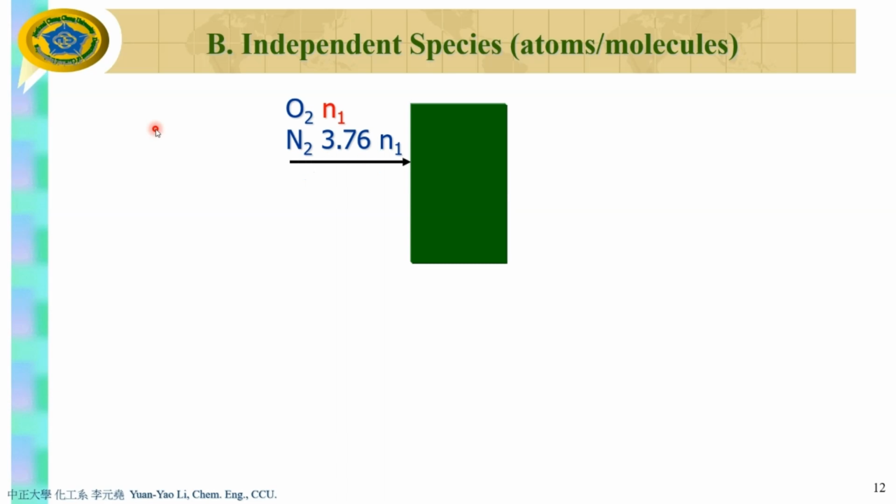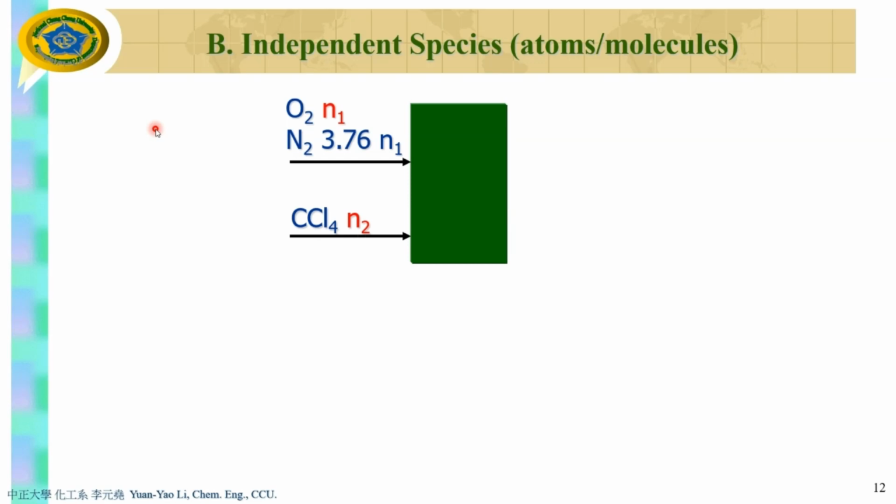If I introduce air into this reactor, the oxygen is marked as N1, which is unknown. The amount of nitrogen will always be 3.76 N1 because the ratio is 21% to 79%.